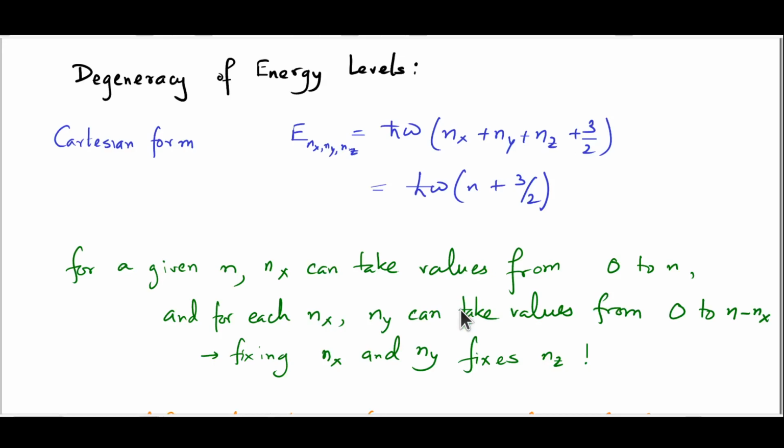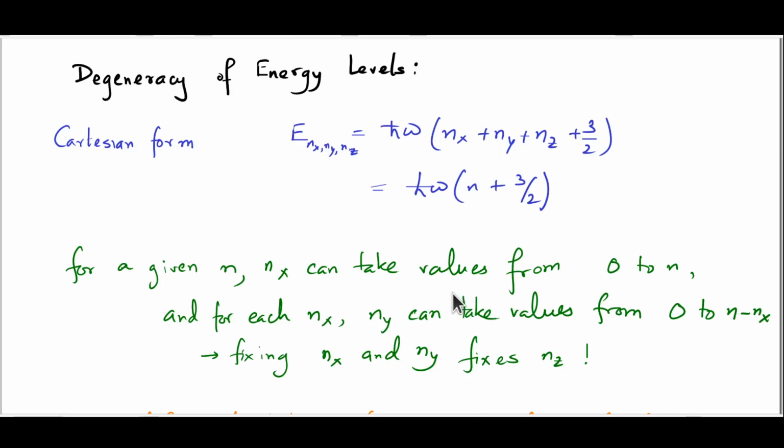Well, in the Cartesian expression, of course, E_{nx,ny,nz} is simply ħω(nx + ny + nz + 3/2) as we said. So it depends on this quantity n and n only. So the question is, for a given n, which fixes your energy level, how many possible values can you have for nx, ny and nz? Of course, once you have fixed n, nx can take values from 0 all the way up to n.